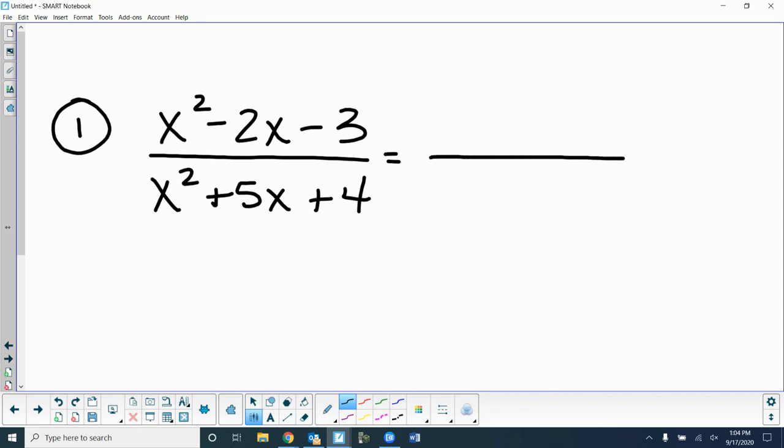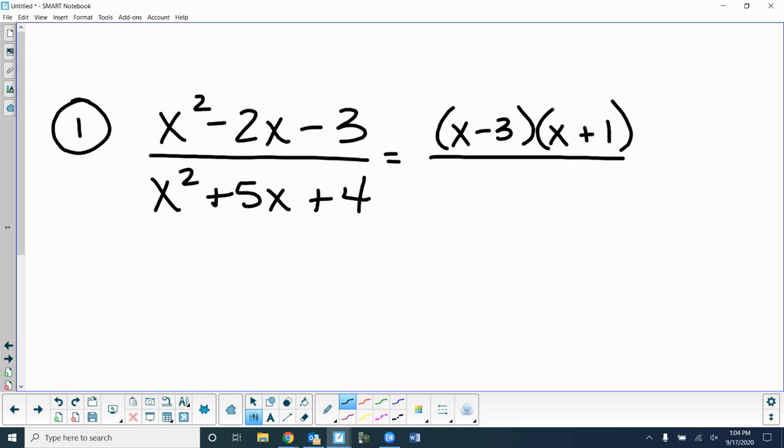Again, when A is 1, like both of these, all you got to do is look at the factors of the third one, the C. Only way to get x squared is x times x. And you're just looking at factors of -3 that add up to -2. Okay? Which are -3 and +1, right? Any questions on that one?